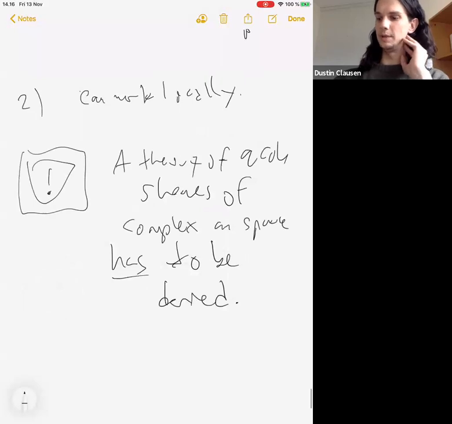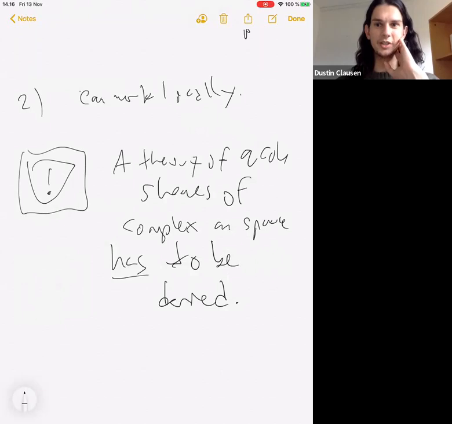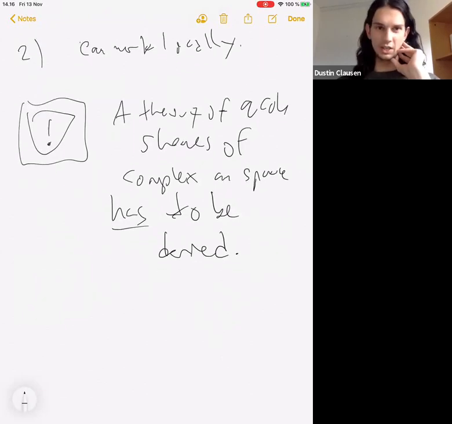So there can only be a good derived category of quasi-coherent sheaves. There will be no t-structure. There will be no abelian category. And the reason is very easy to explain. Actually, it follows from what I've already said.